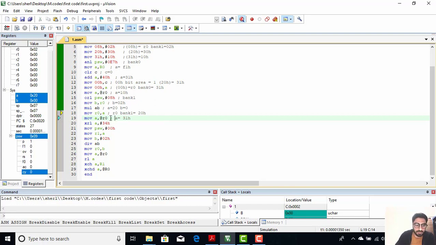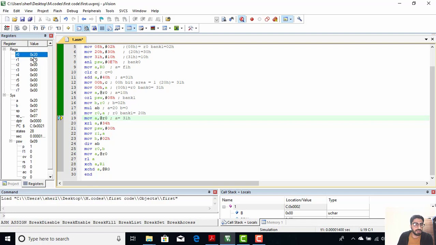So you have to put the comma, because it's explanations. Now R0 is equal to 20, as you can see here, same as we did here. And the other step, A equals 31. 31 is the same value as you can see here, it's the same. So our results are all right.